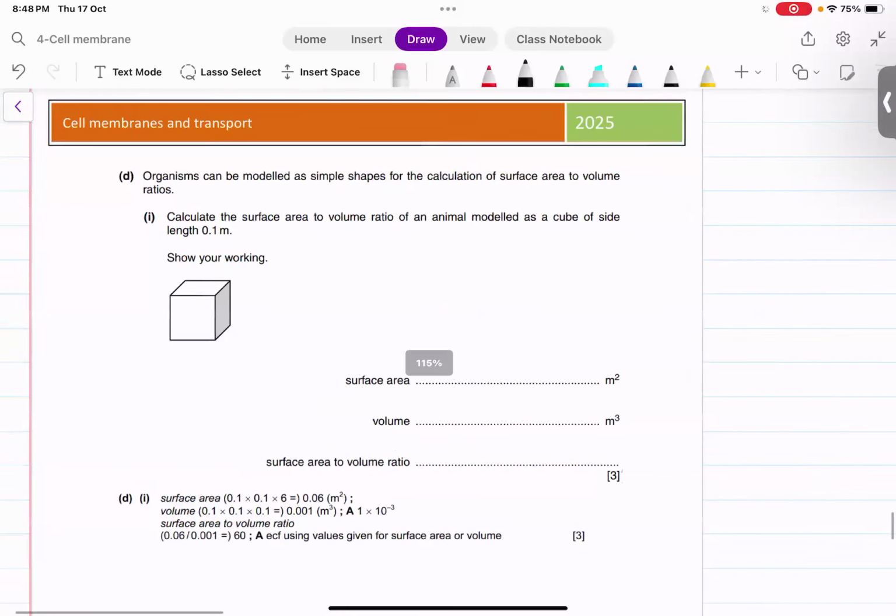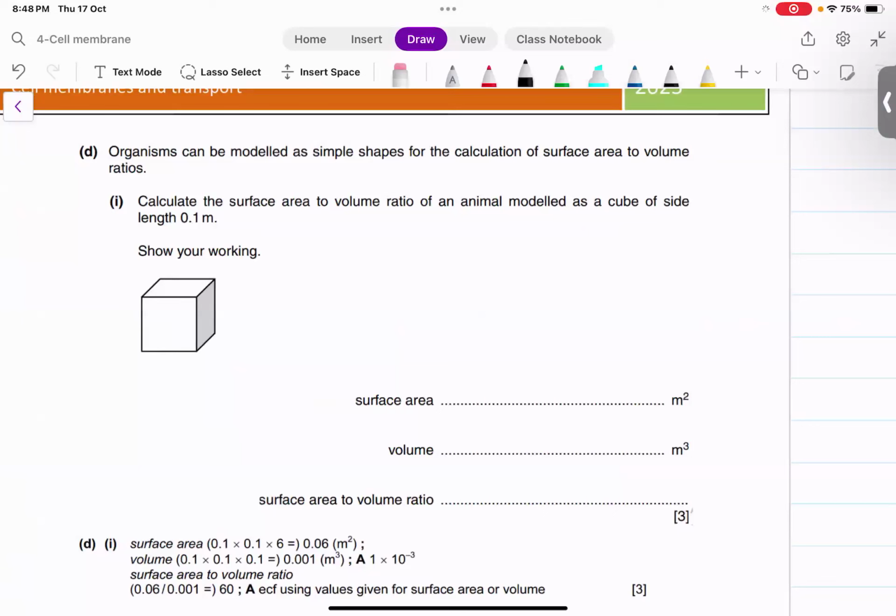Now let's see. Organisms can be modeled as simple shapes for the calculation of surface area to volume ratio. Calculate the surface area to volume ratio of an animal modeled as a cube of side length 0.1 meter. Show your working. So if it is a cube, then every side would obviously be 0.1, 0.1 and 0.1 meter.